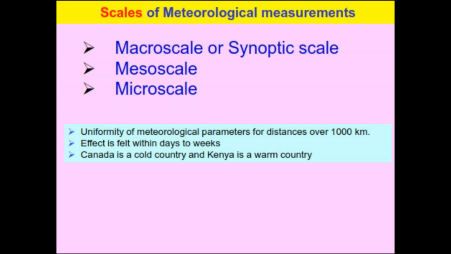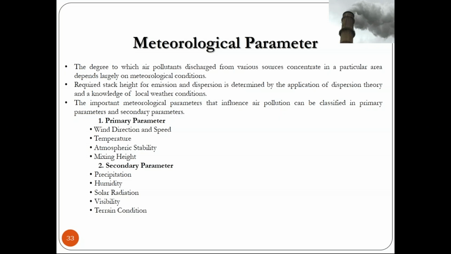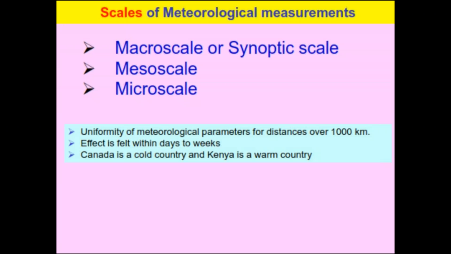Here in the synoptic or macro scale, the uniformity of the meteorological parameters we have discussed, like wind direction, temperature, stability, mixing height, precipitation, humidity, solar radiation, visibility, and terrain condition, holds over an area of more than 1,000 kilometers, and the effect is felt within days to weeks.